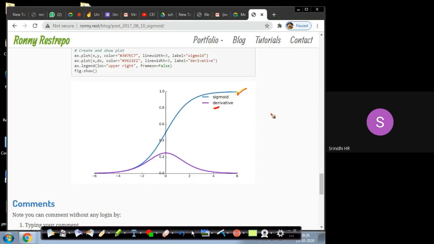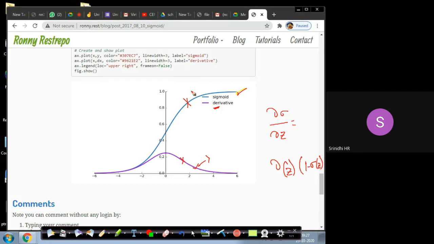That is the derivative of sigmoid with respect to z, after applying the formula sigmoid of z into 1 minus sigmoid of z. After applying this formula, we get this particular curve. This is the derivative curve. So what is the difference you can find between the existing sigmoid curve and this derived curve?